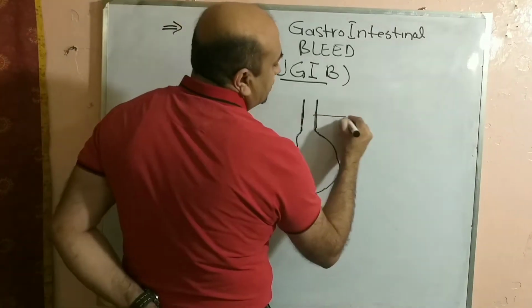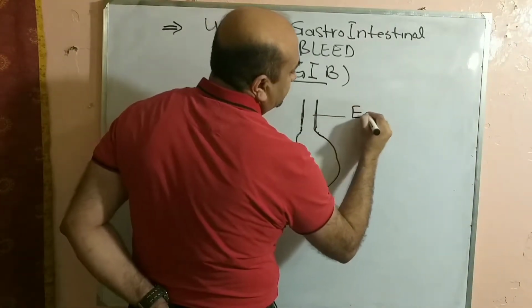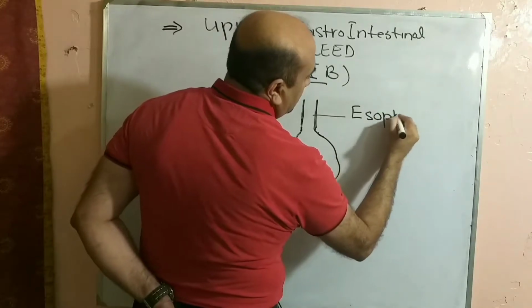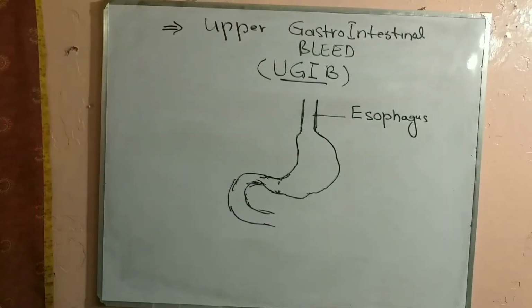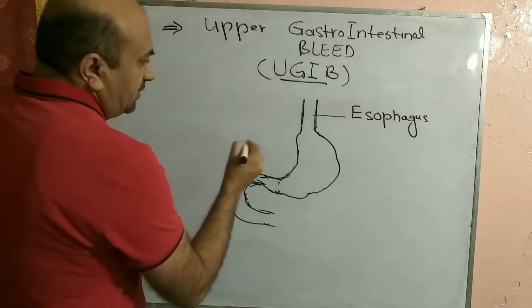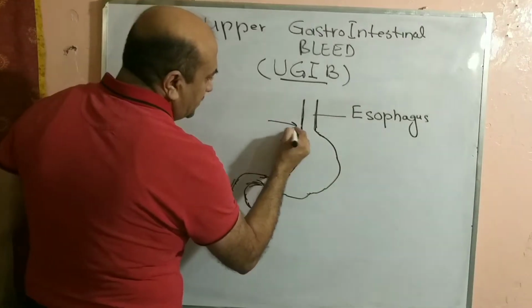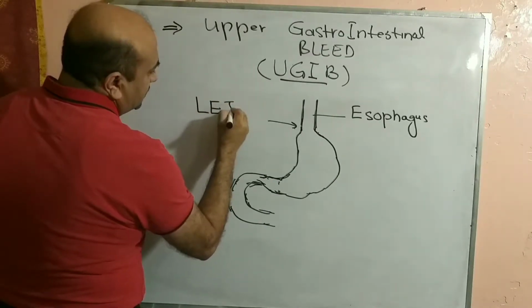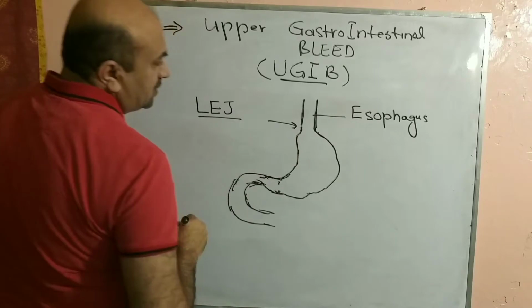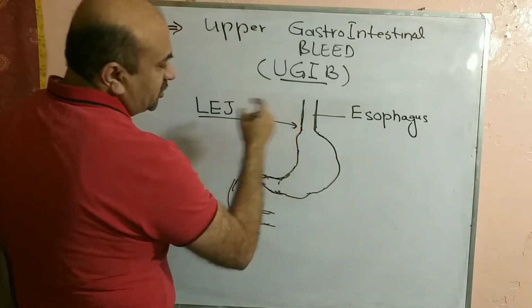This is the esophagus, which we call the food pipe. Then this is the lower esophageal sphincter, or the gastroesophageal junction.